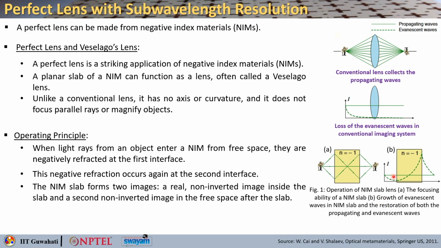Now, while doing so, this is how the propagating wave is going on. We have already seen that you can use this material for restoring the evanescent wave. When the evanescent wave enters this material, it is already in a very weak form, but because it grows exponentially in this material, it goes up to this level.